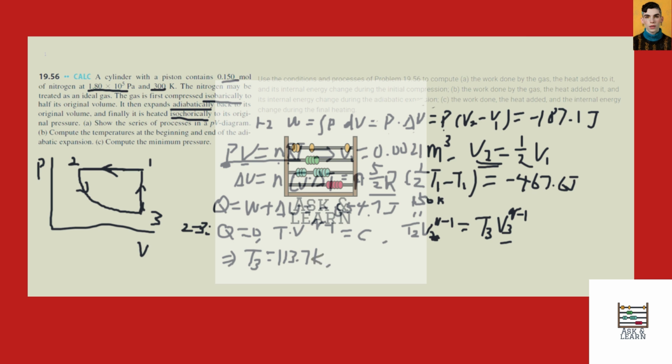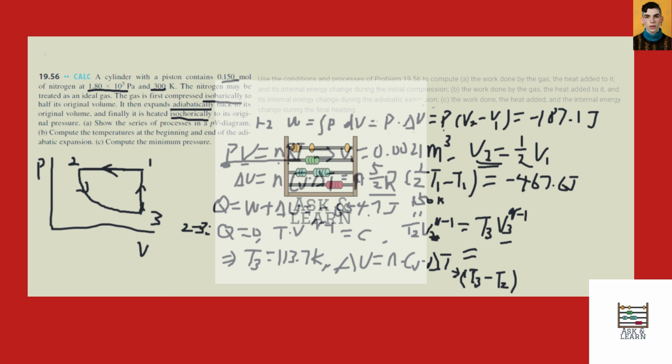And so delta U is n times CV times delta T. And delta T here is T3 minus T2, because we are looking at process 2 to 3.